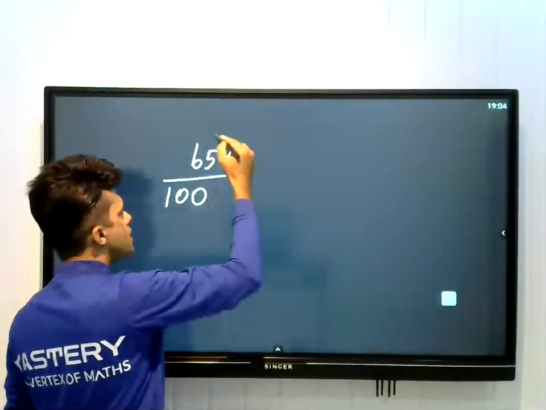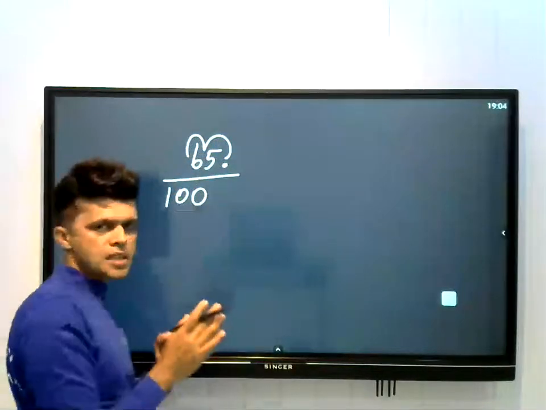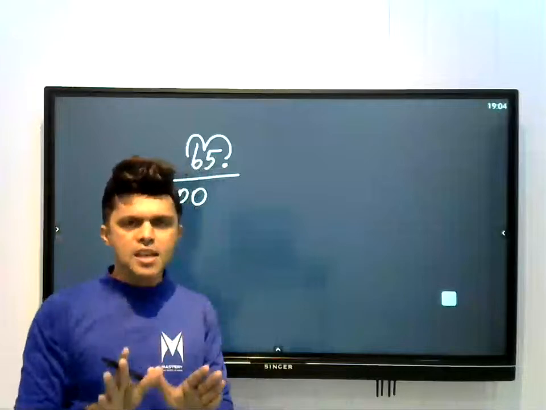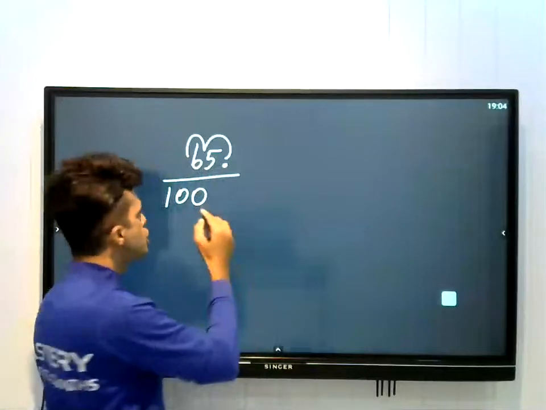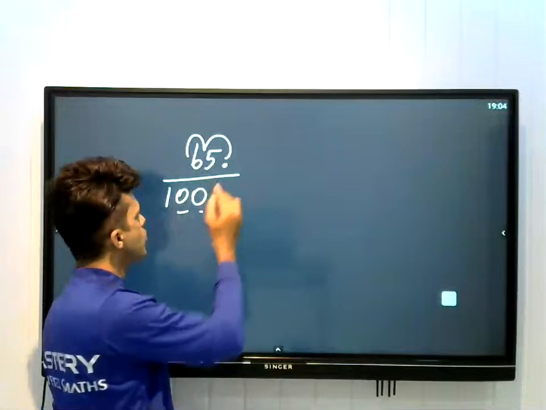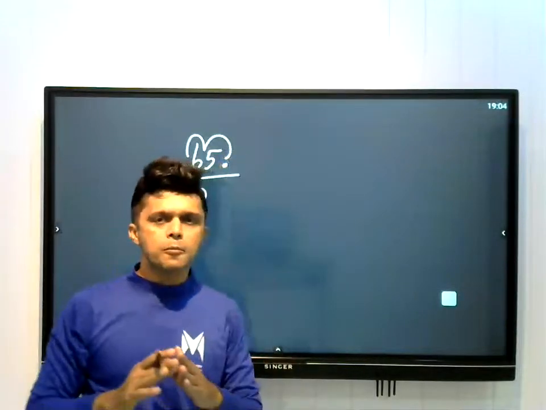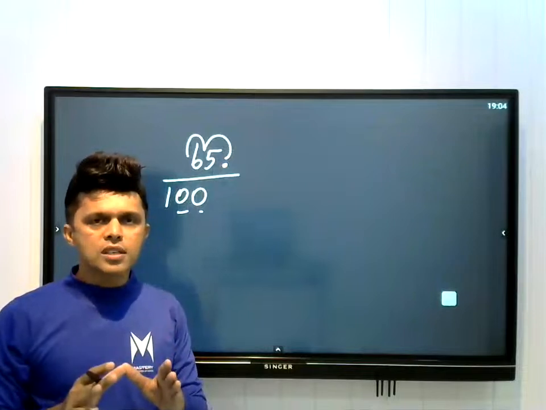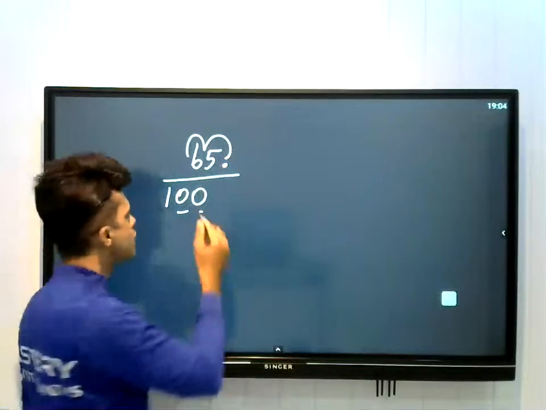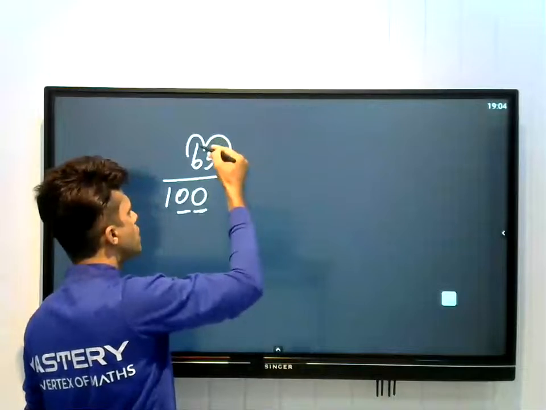The decimal point goes to the left side, passing 2 digits. The reason is, here you could see 2 zeros, so it goes to the left side, 1, 2.